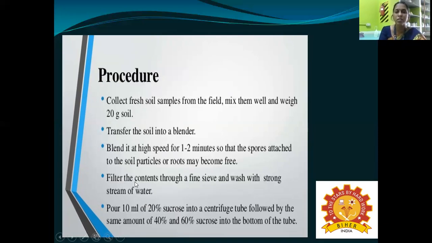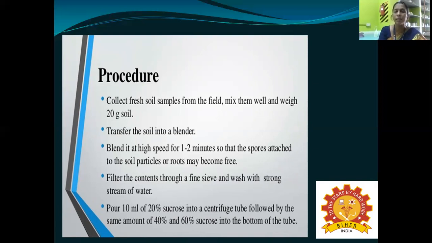Next, the procedure: you take the fresh soil sample from the field and mix well. Take 20 gram of soil, transfer it into the blender and blend it at high speed for 1 to 2 minutes. So the spores attached to the soil particles or roots become free.